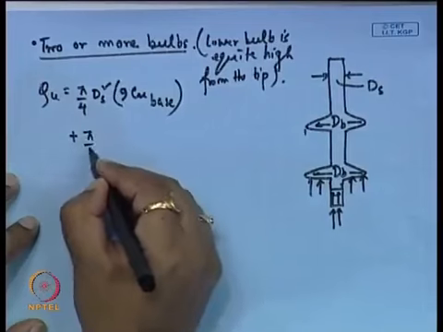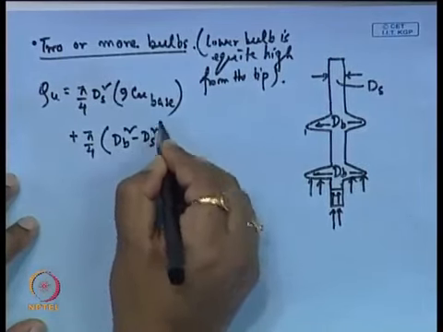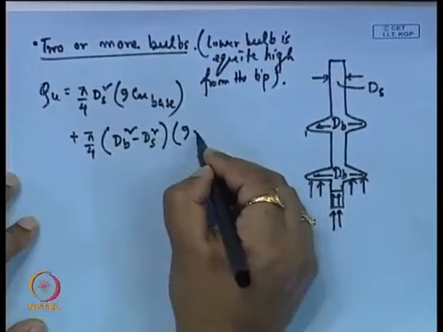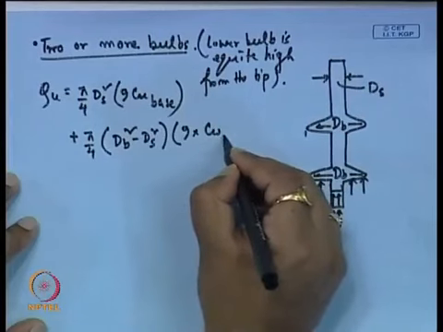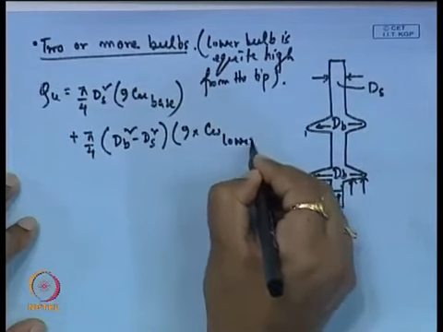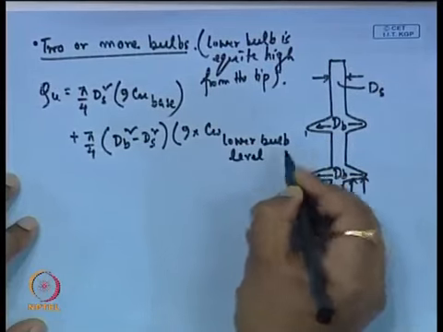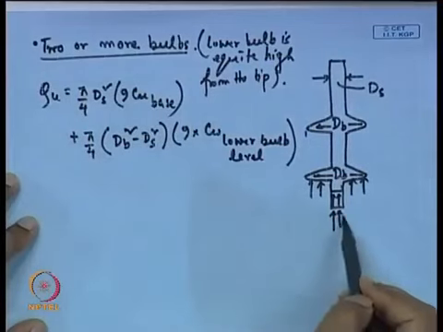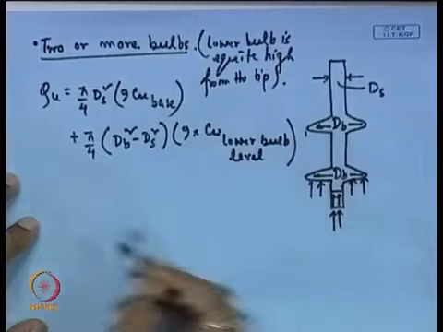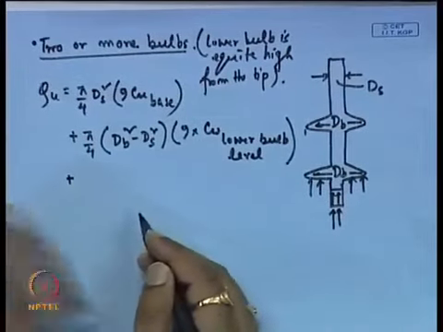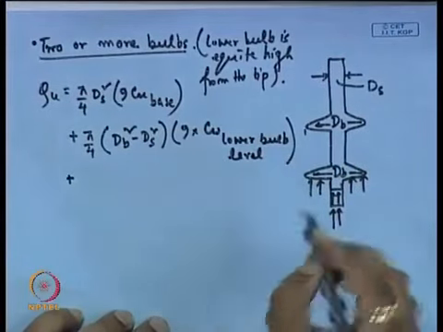So, that is pi by 4 into dB square minus ds square into 9 into Cu at lower bulb level. So, this is the base level or the tip level, this Cu is at the lower bulb level. This is for the tip resistance or the base resistance. Now, we will get the friction resistance.